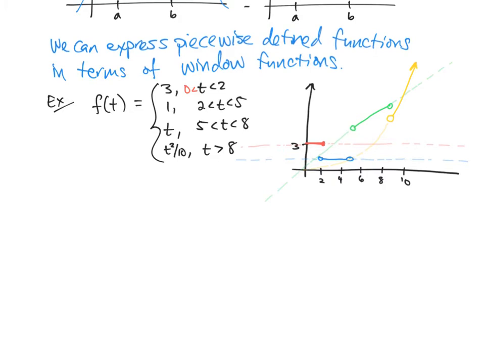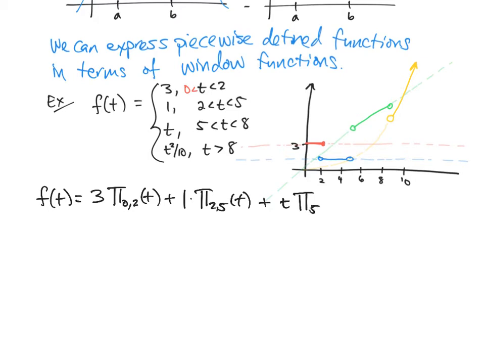Okay, so we can write f of t as equal to first the red part, which is 3 times a window function between 0 and 2 of t, plus, now the blue part, 1 times a window function between 2 and 5, plus t times the window function between 5 and 8.